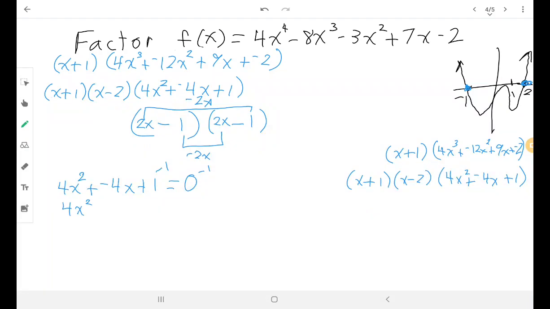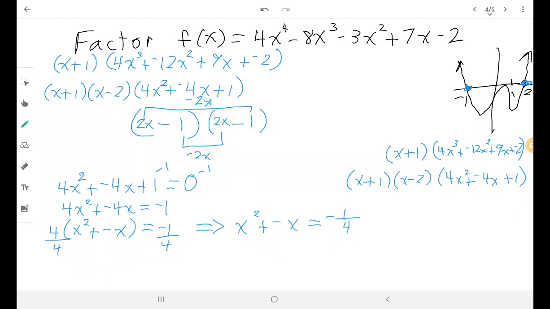So that's 4x squared plus negative 4x equals negative 1. Then I'm going to factor a 4 to the front, and I'll have x squared plus negative x, and the whole thing will equal negative 1. I'll divide by 4, and that will give me x squared plus negative x equals negative 1/4.